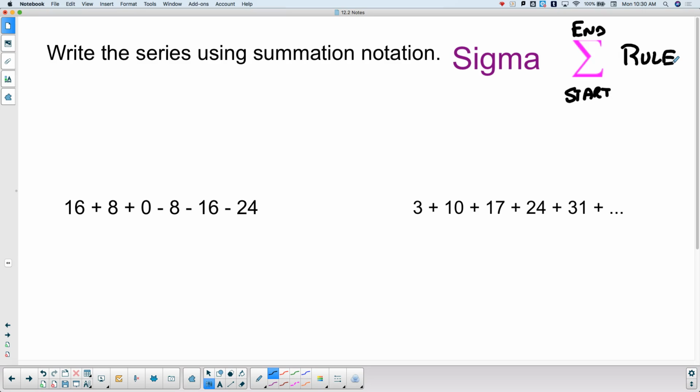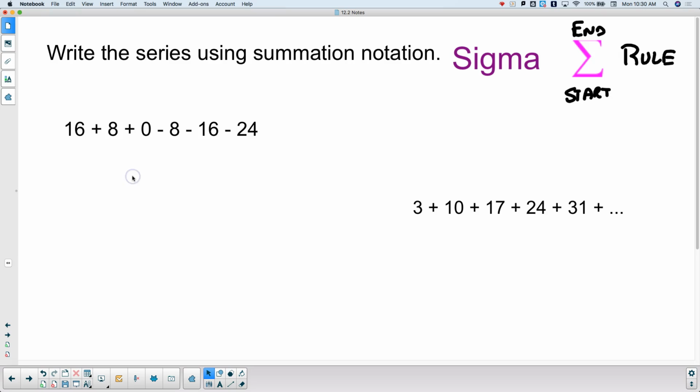So writing things out in sigma notation. If I'm going to write this out in sigma notation, the very first thing I would do is say, okay, that's the first term, second term, third term, fourth term, fifth term, sixth term. So I've got 6 total terms here.